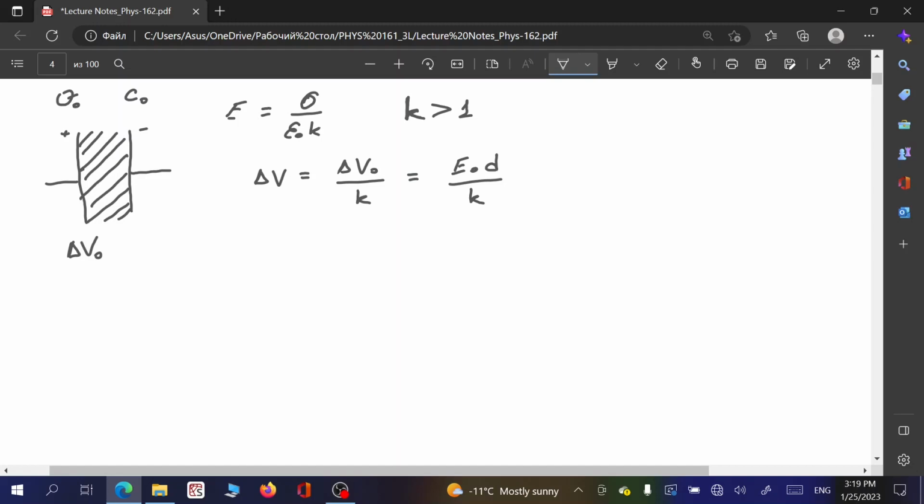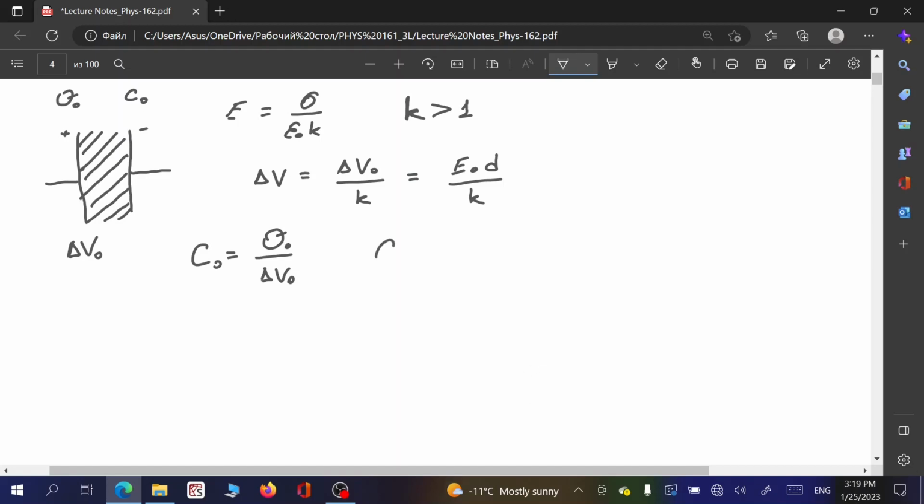As a result, we remember, we had this discussion at the beginning of the lecture, potential difference stays in the denominator for capacitance. C is equal to Q, which is constant, doesn't change, over delta V. So this is for the initial case, when we have vacuum inside.